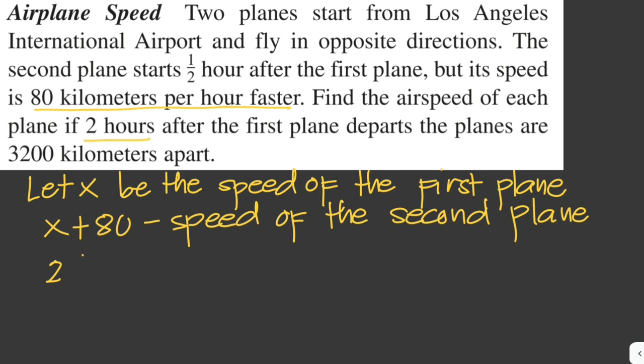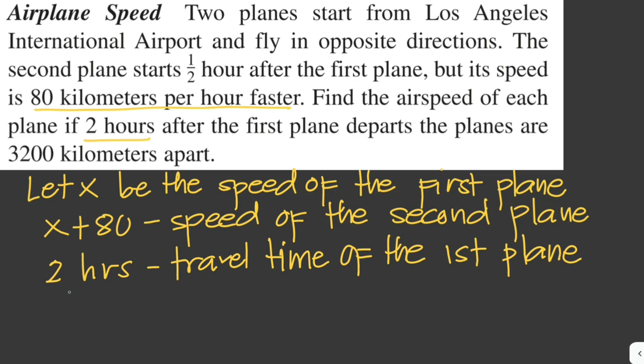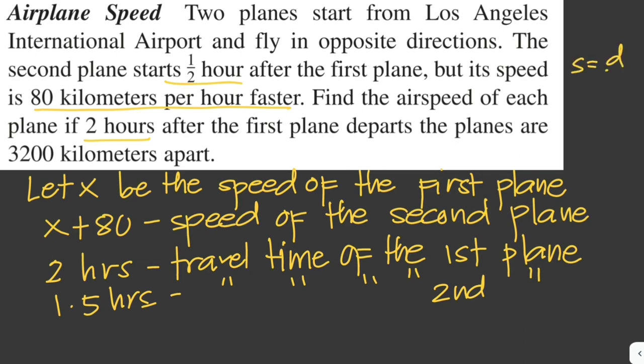While for the second plane, the travel time is 1.5 hours, because it says the second plane starts 1/2 hour after the first plane. And we know that speed is equal to distance over time, therefore distance is just equal to speed times time. And now we can set up our equation.